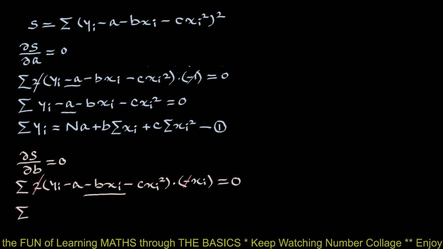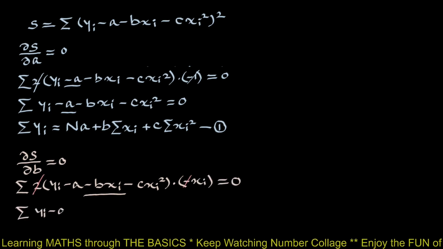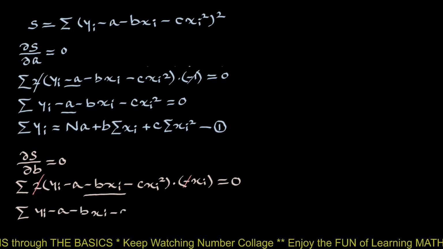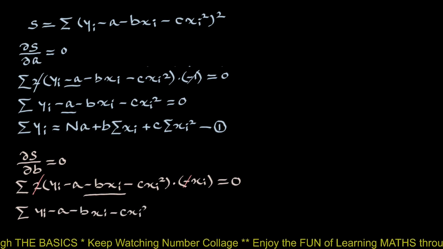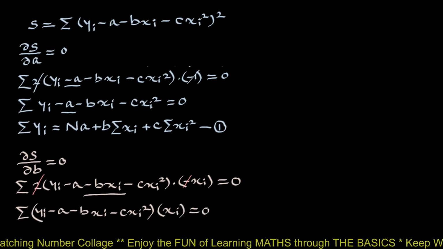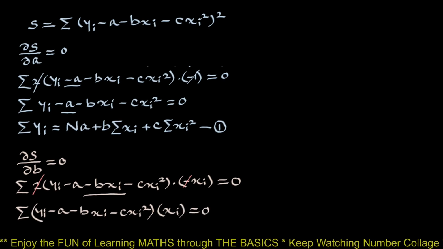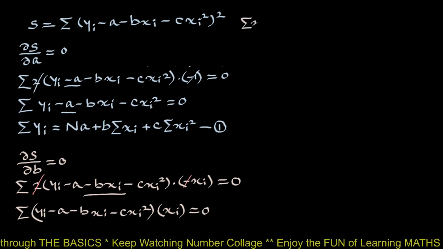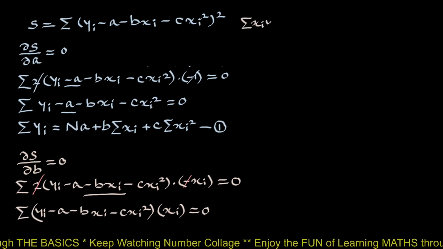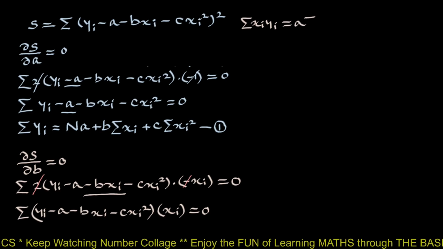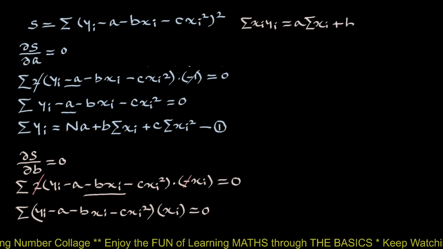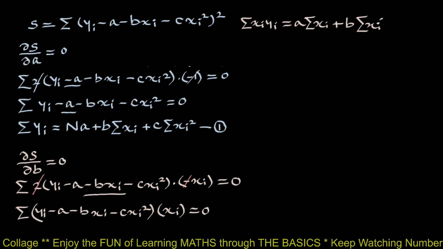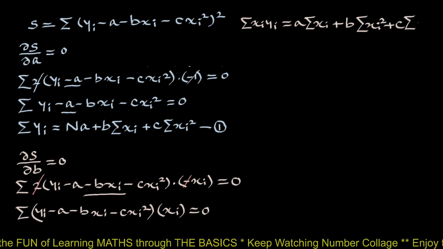Cancelling minus 2, summation yi minus a minus bxi minus cxi square into xi equals 0. Multiplying by xi throughout and rewriting it again, this will be summation xi yi equals a summation xi plus b summation xi square plus c summation xi cube.